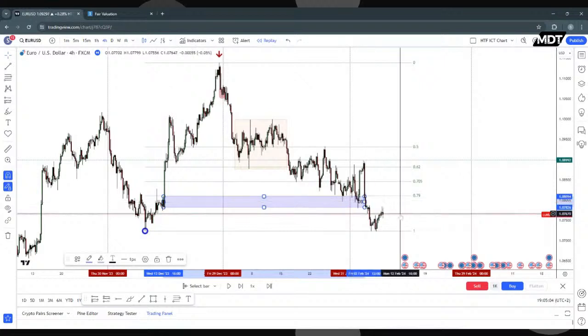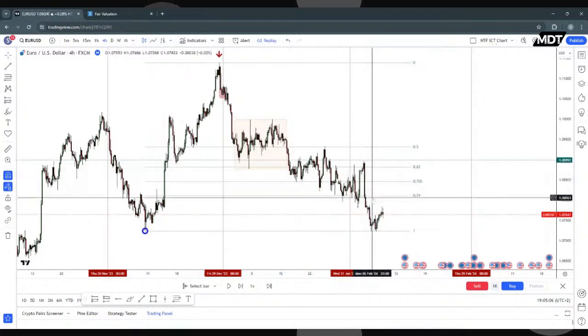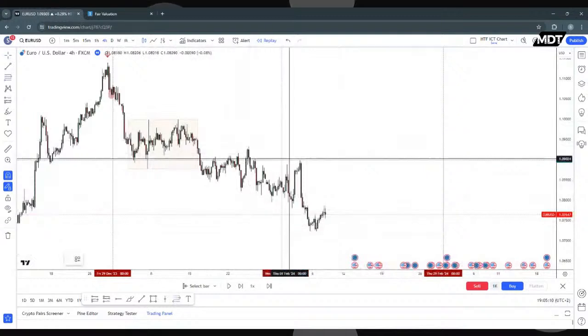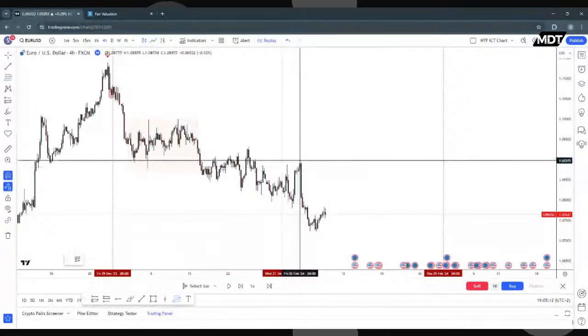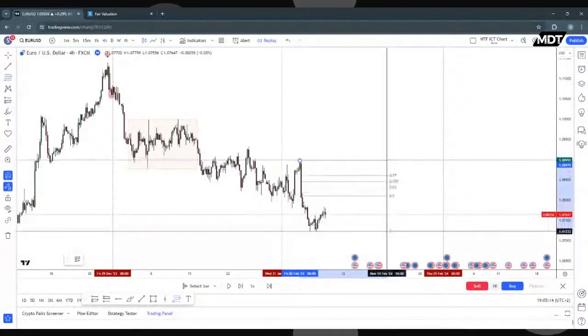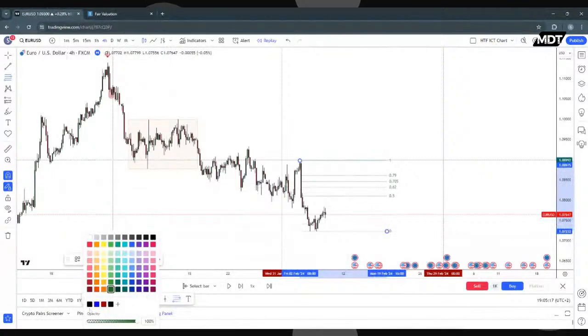I can see that there would be some really good opportunities to get short from this area that are coming up now, if we take from the swing high down to the swing low.